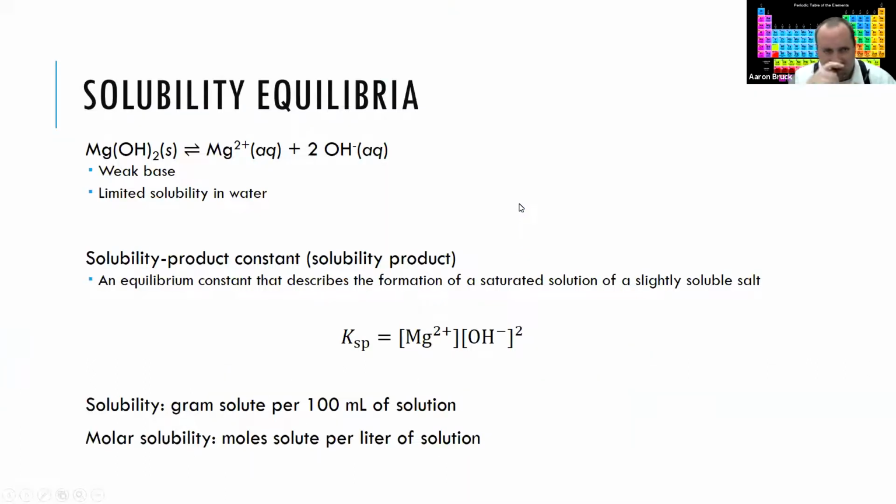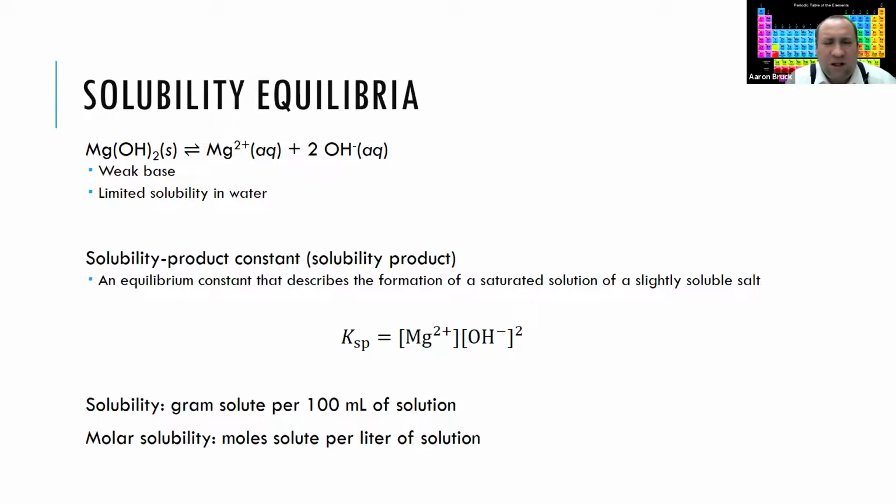Now, solubility equilibria is based on the whole idea that everything that we've talked about thus far about solubility is kind of a half-truth. When we gave you solubility rules, what we told you is that certain substances, certain ions were usually soluble, certain ions were usually insoluble.